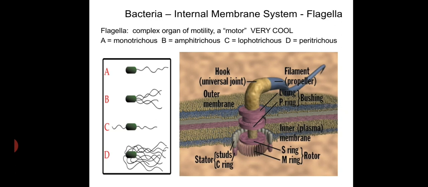Some species possess flagella on opposite sides, known as Lophotrichous. And some species possess many flagella arising around the cell, known as Peritrichous.